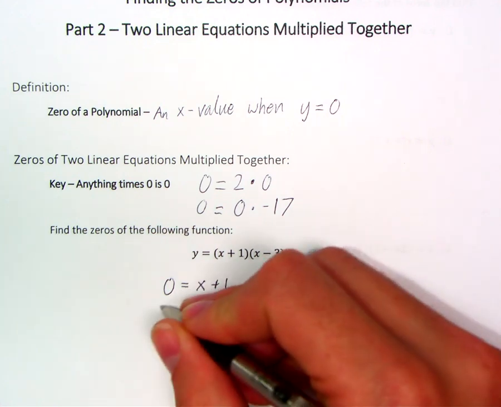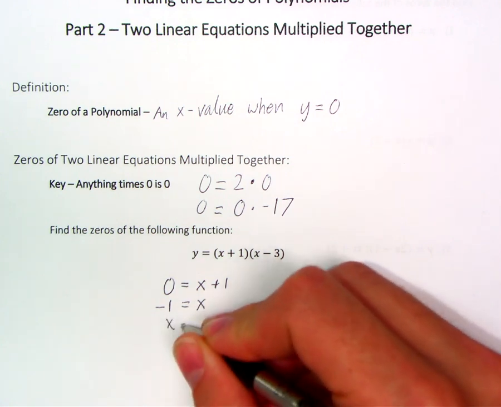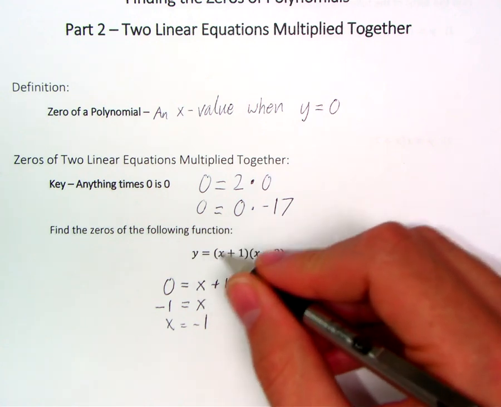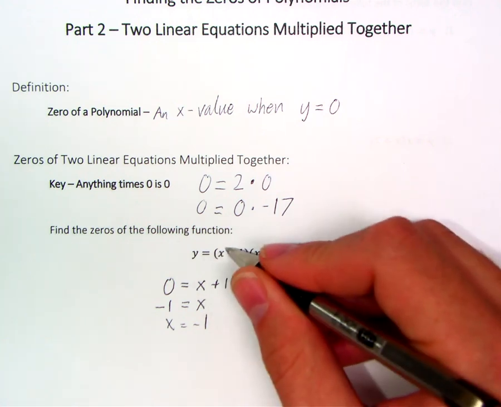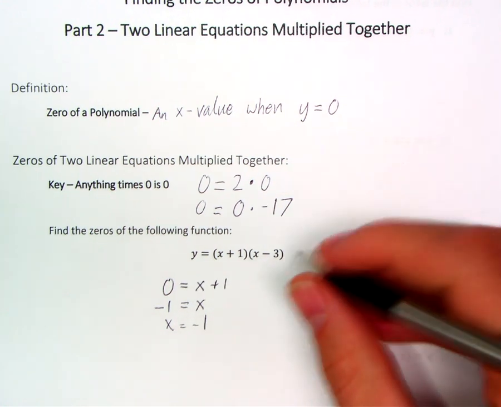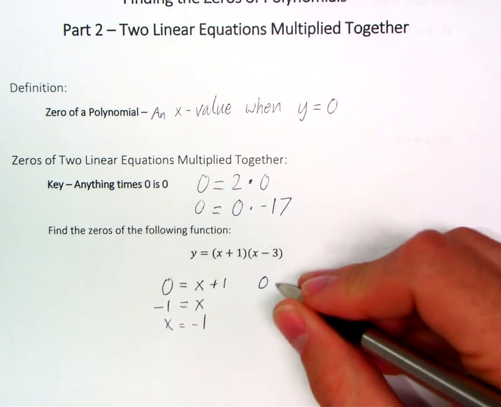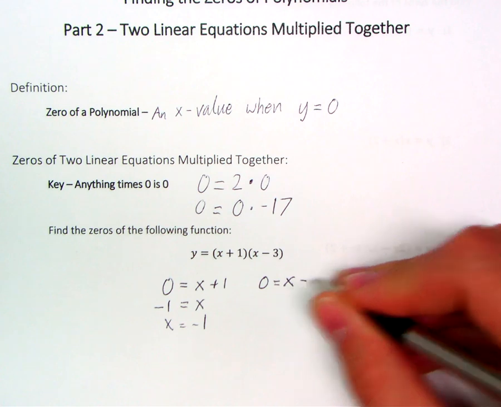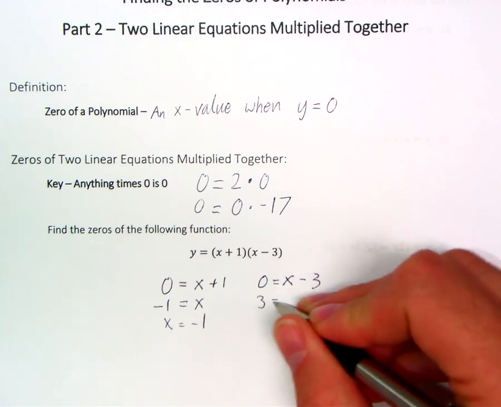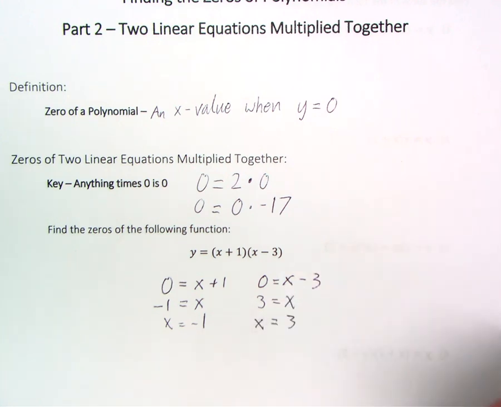I'm just going to subtract a 1 from both sides, and I've got that negative 1 is equal to x, or put it another way, x is equal to negative 1. So if this first linear equation is going to be equal to 0, then x has to be negative 1. I'm going to do the same thing with my other linear equation, x minus 3. I'm going to set that equal to 0 and see what x needs to be to make that true. So if I add 3 to both sides, I've got 3 is equal to x, or in other words, flip it around, x is 3.